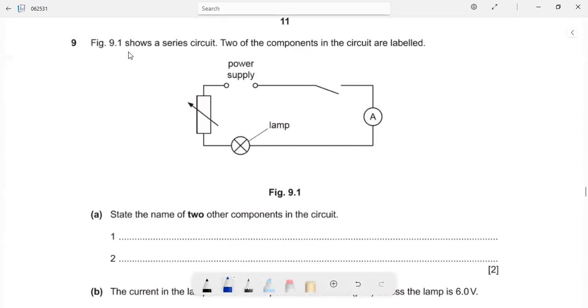Next, figure 9.1 shows a series circuit. Two of the components in the circuit are labeled. So, power supply is there, lamp is there, ammeter is there. State the name of two other components in the circuit. So, here the switch is not marked, and this is the ammeter.